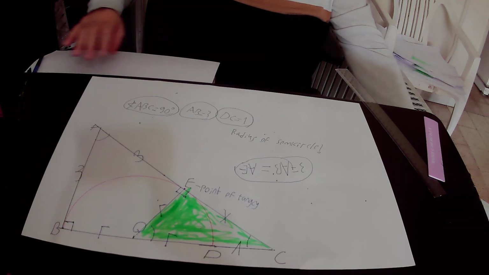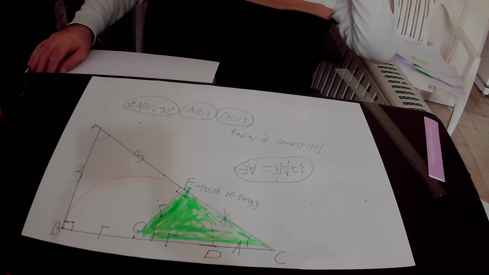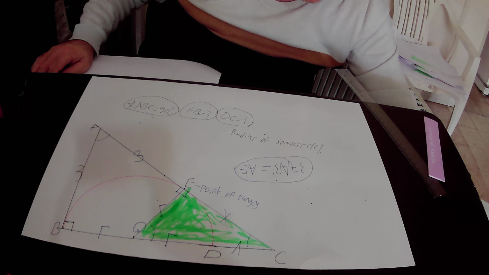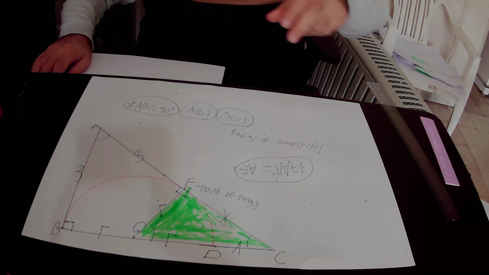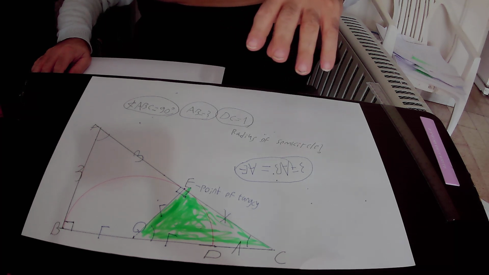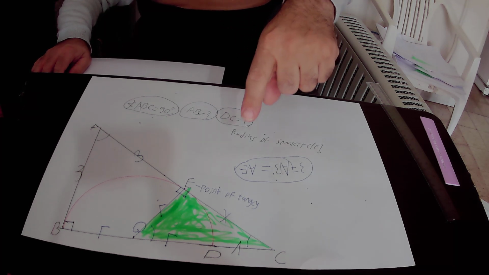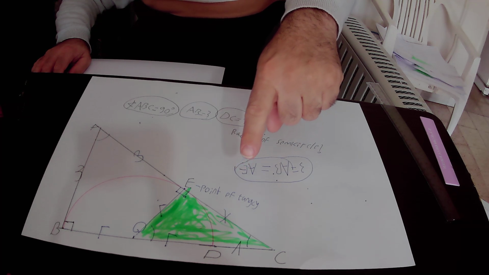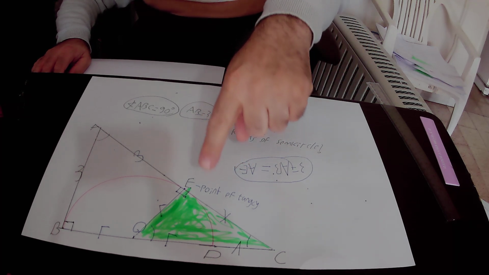Here, we actually proved that all three angles of triangle ABC are congruent to all three angles of the green right triangle, triangle OEC.